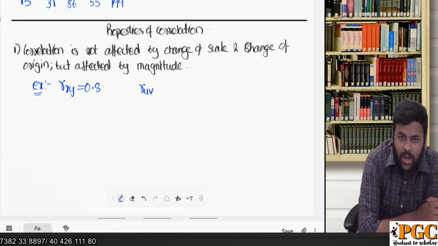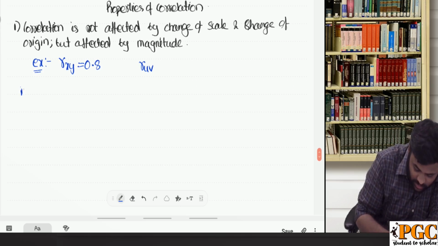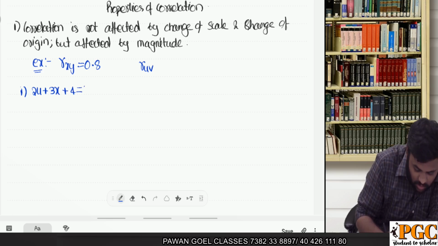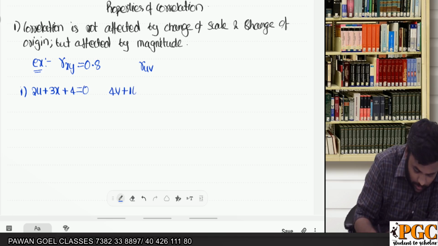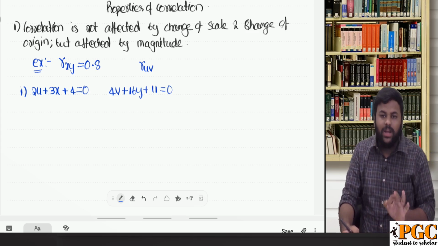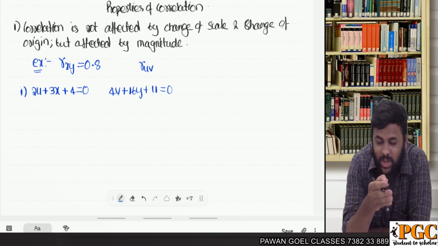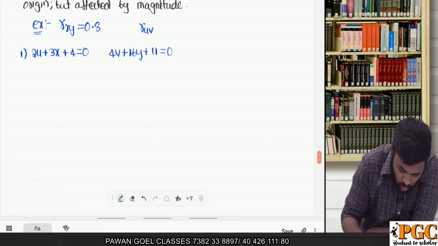Okay. Now, he gave us two different equations. First equation is given as 2u plus 3x plus 4 is equal to 0. One more equation is given as 4v plus 16y plus 11 is equal to 0. Okay. Now my dear friends, when equations are given like this, when Rxy is given and Ruv is asked to compute, do one thing.